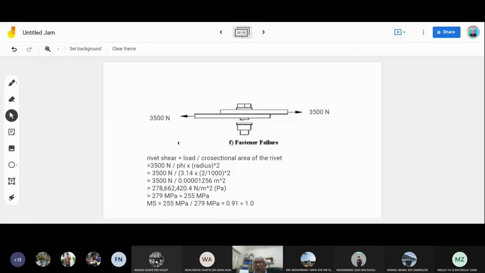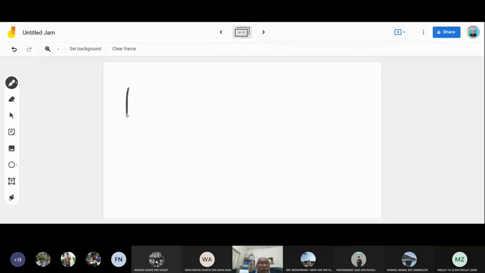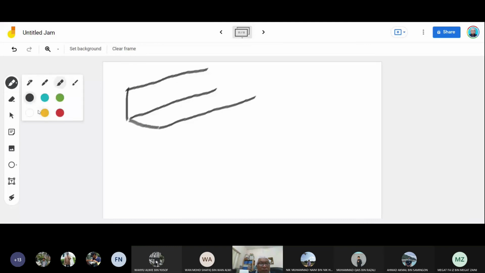Next, I will explain about load loss, because whatever you do, this is a joint. Next one, we'll talk about load loss. If we do have damage, let's say that we have a crack here, most of the time what happens is we will cut off the crack.